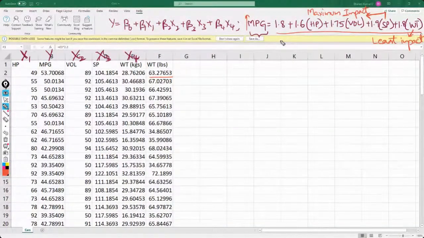Is this how your data set should behave? Wherein, if you measure the weight in kgs, you will get less mileage, and if you measure the weight in pounds, you'll get more mileage. Is this how it has to work? No, it should not work this way. Units should not be impacting your output.